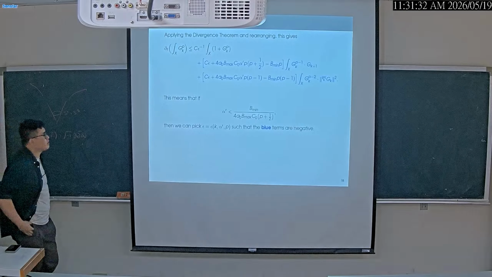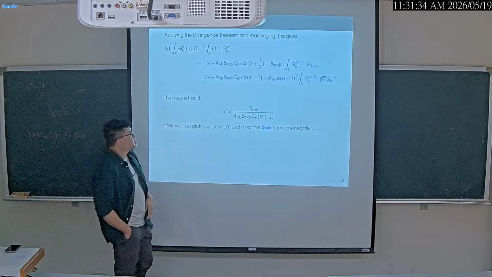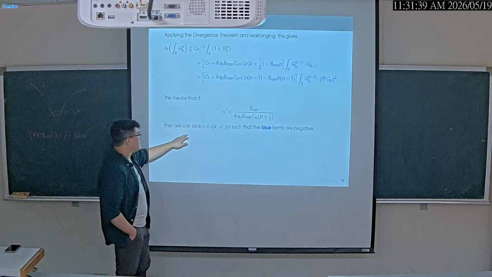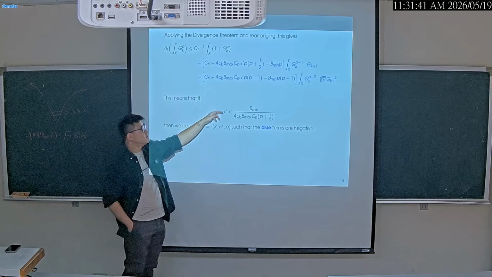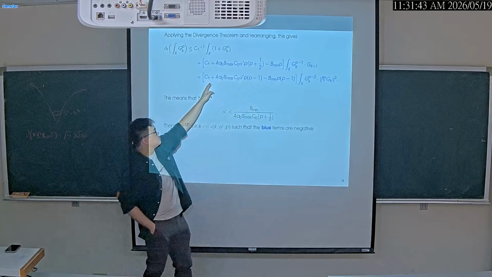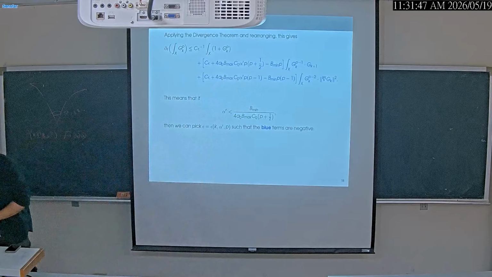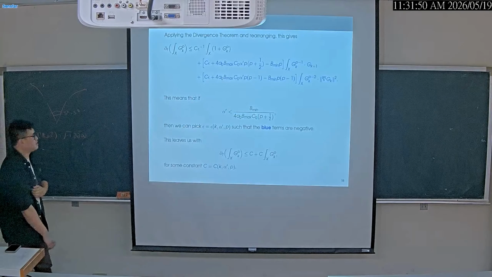So this is the condition on alpha prime that you get. As long as alpha prime is less than that number, then we're using Young's inequality, so epsilon is free to be picked. This can be a dominant term. You can make this as small as you want, and then you can make the blue terms negative and ignore them. And so you're left with this inequality.